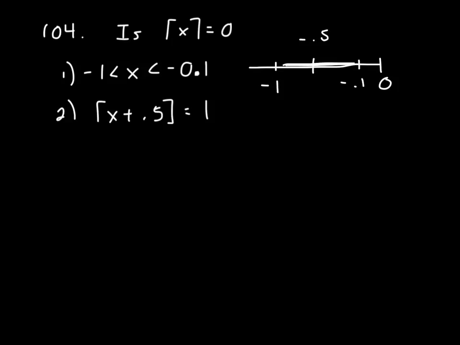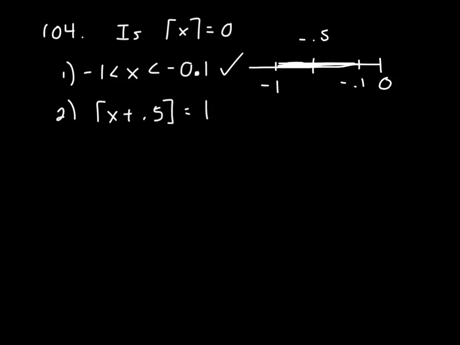There's a bunch of integers greater than -0.5: 5, 4, 3, 2, 1, all those numbers are greater than -0.5, but I want the least one, and the least integer greater than or equal to -0.5 would be 0. All of these numbers that I'm shading, the least integer greater than or equal to any of those would be 0.